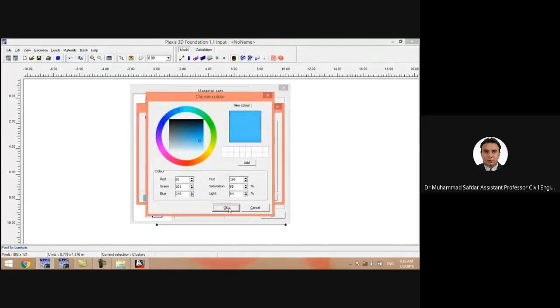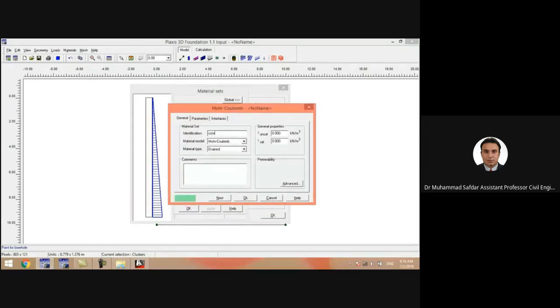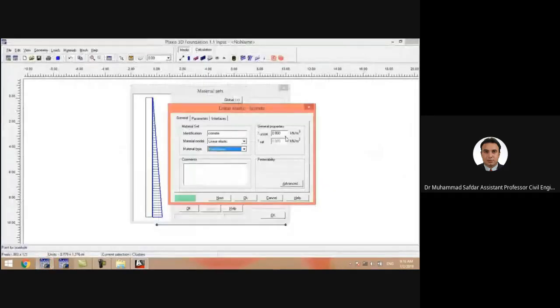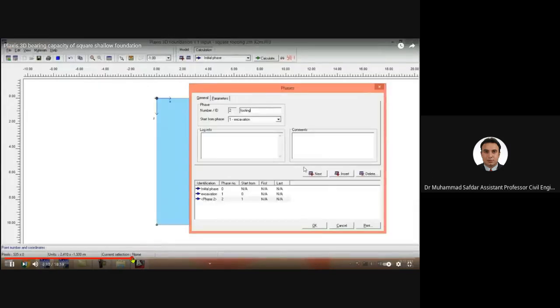You can choose the color of that material as well. For example, if it's clay, if it's sand, and then for concrete, linear elastic, non-porous, the properties are here, and you can give those properties as well.